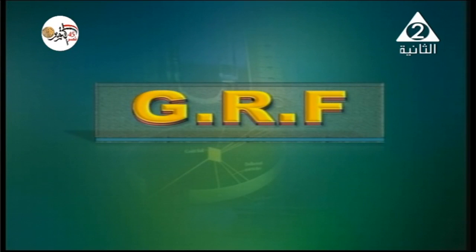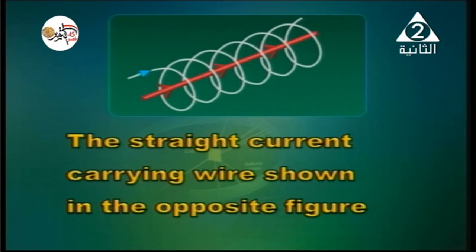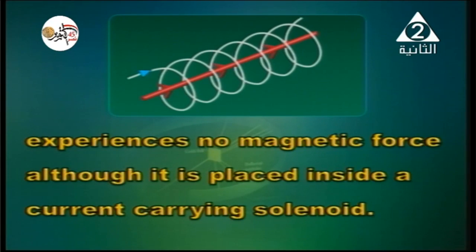Give reason for. In front of you, we've got a solenoid and a straight wire, and both of them are carrying currents. But there is something a little bit strange here. The straight current carrying wire shown in the figure experiences no magnetic force, although it is placed inside a current carrying solenoid.